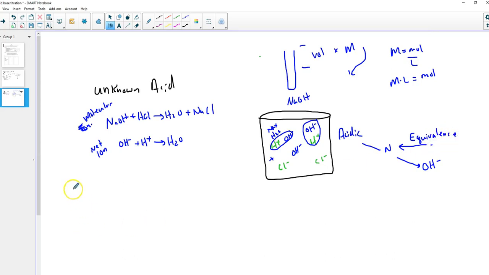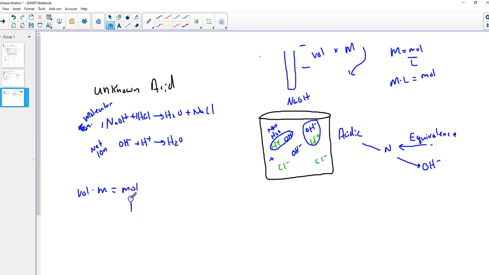So the question is, how do we know? If I stopped right at my equivalence point, I'd have the volume that I added times the molarity that I added, which gives me the moles that I added. And you'll note that they react in a 1-to-1 ratio.